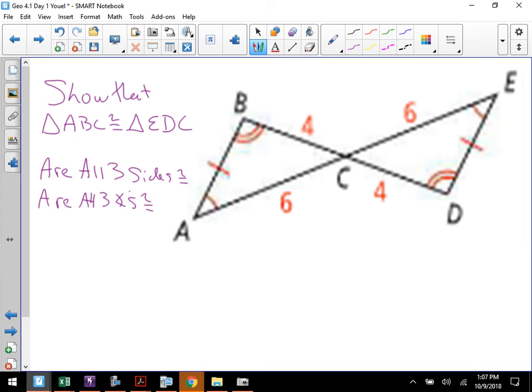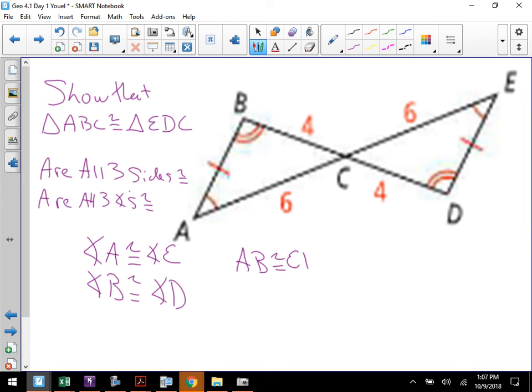I got the tick marks, okay? So right now I know that according to my diagram, angle A corresponds to which angle? E. They both have 1 tick mark. All right. Angle B, because the tick marks, okay. AB, is it ED?